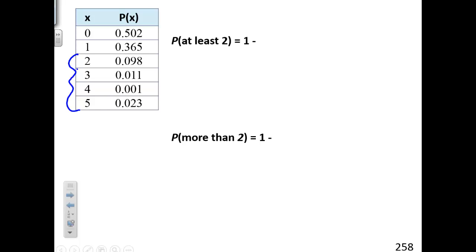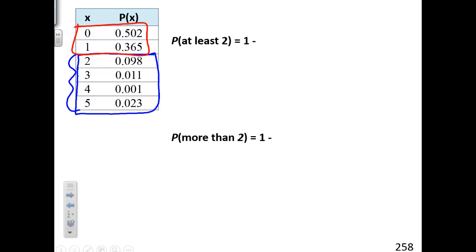Okay? It'll add 0 and 1, but it will not add 2, 3, 4, and 5. That means we have to figure this out in a little bit more roundabout way. So we're going to take 1 and subtract the probability of 0 and 1. Okay, so at least 2 is 2 or more. So greater than or equal to 2.